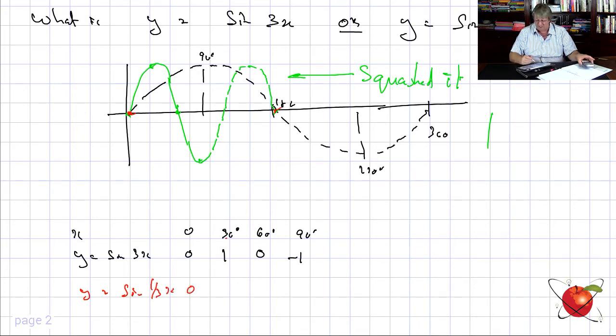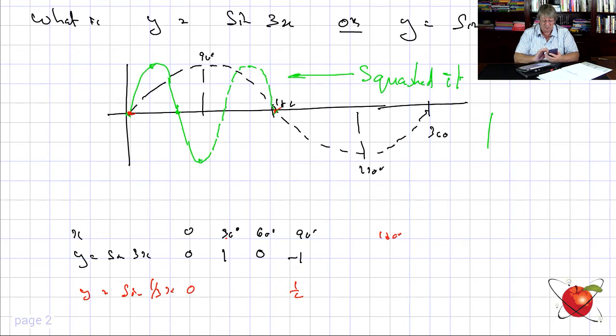If x was 0, it's 0. If it was 90 degrees, it would be 30, so at 90 degrees we've got sine of 30, and sine of 30 is a half. Let's go to 180 degrees. We'll have 180 over 3, which is sine of 60.